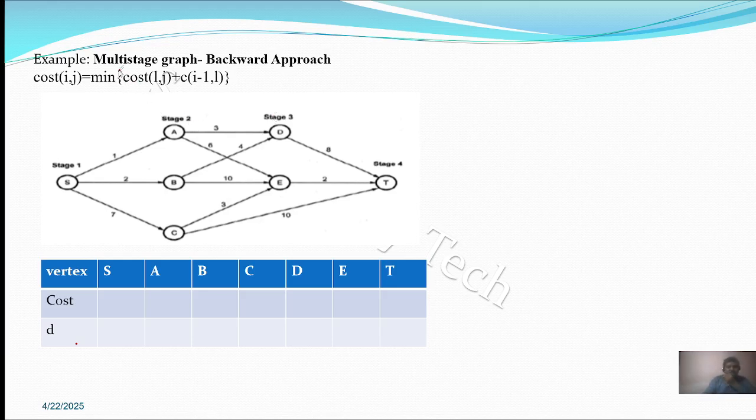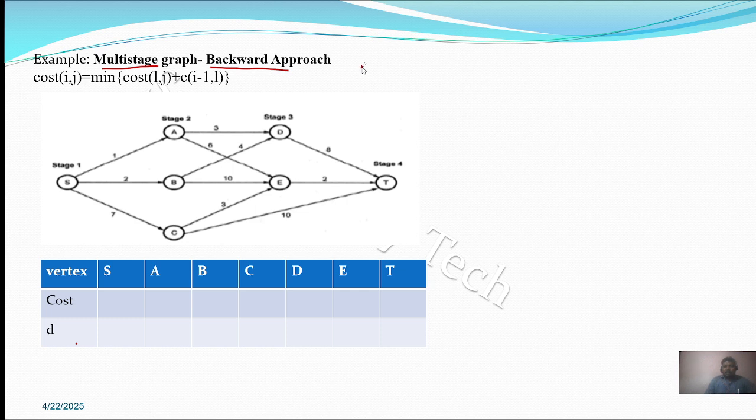Today's topic is multi-stage graph by using backward approach. In the previous video we discussed the multi-stage graph forward approach. Now we can see the backward approach. This multi-stage graph works on the dynamic programming approach.